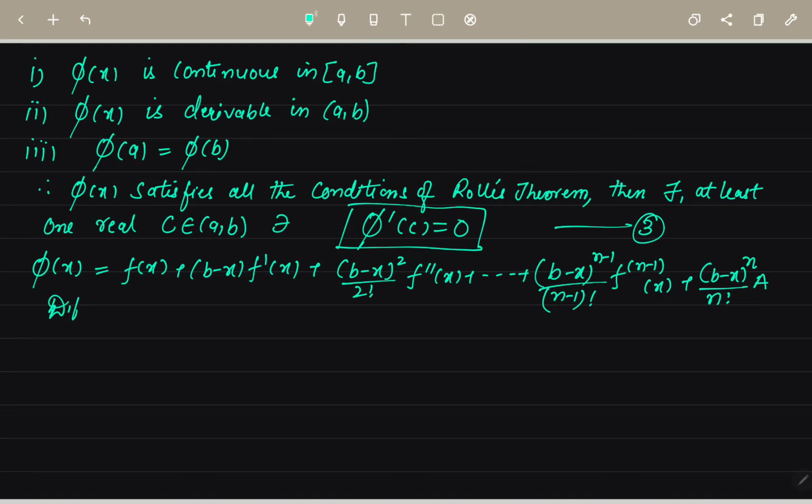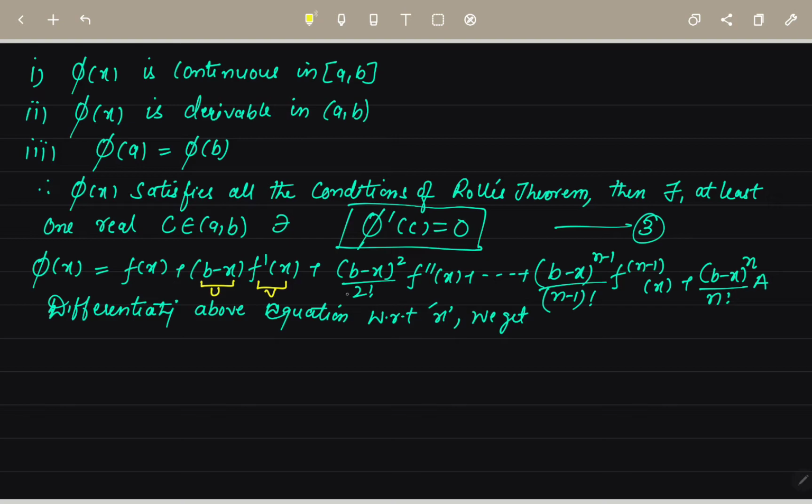Differentiating the above equation with respect to x, we get, for differentiating, I will consider b minus x as u and f dash x as v and use the u into v formula.